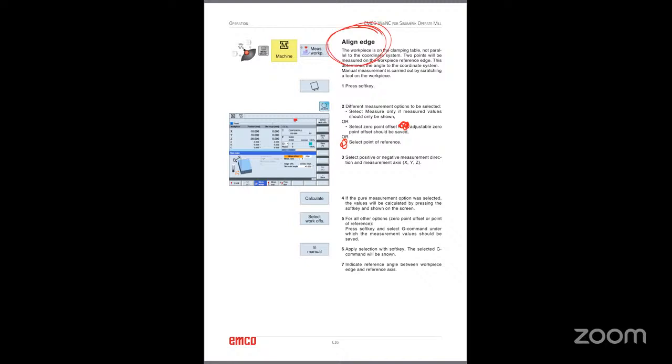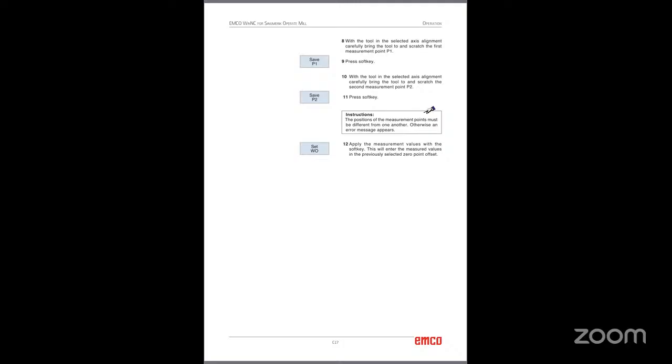Set edge is used when the workpiece is parallel. So I have mentioned P1 and P2, then save, then set work offset.